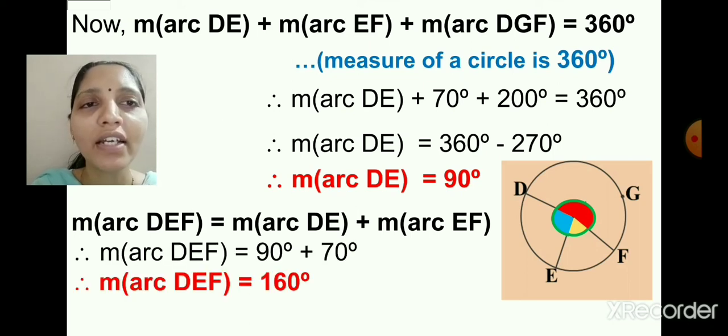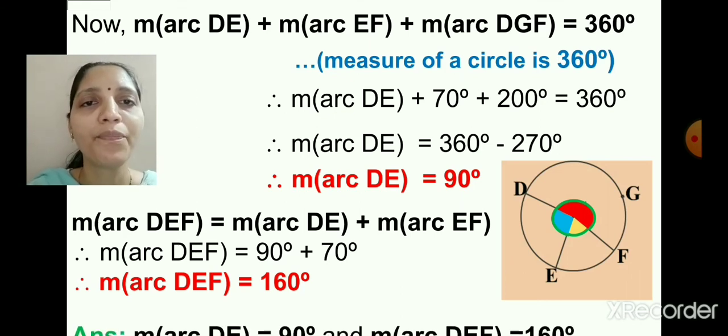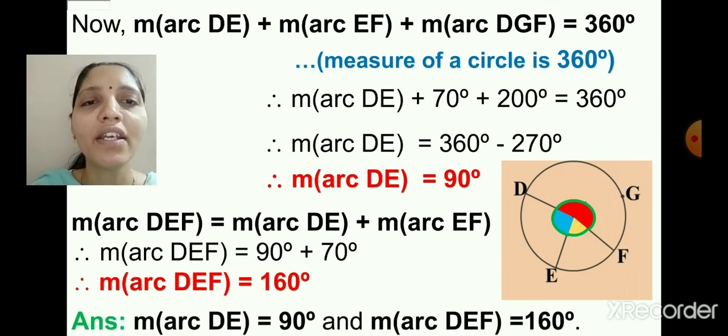Major arc DE is 90 degree and arc EF is 70 degree. So we get major arc DEF is equal to 160 degree. The answer we get here is major arc DE is equal to 90 degree and major arc DEF is equal to 160 degree. This was a very simple sum. I hope you all have understood this.